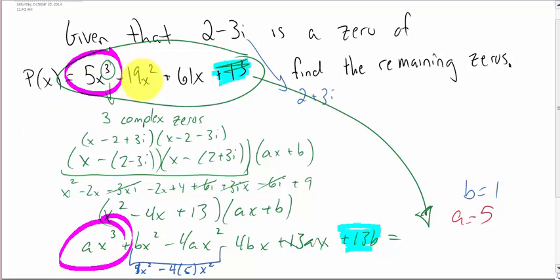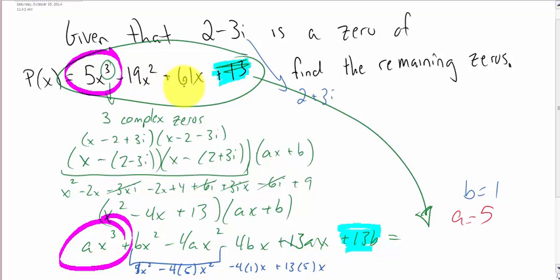Oh, that's negative 19x squared. Good stuff. And then we can do minus 4 times 1x plus 13 times 5x, and we find that we get 61x. Good deal. So expanding it out this way and then comparing the coefficients of each term to what we know back here, p of x, is one other way that we can find the a and b.